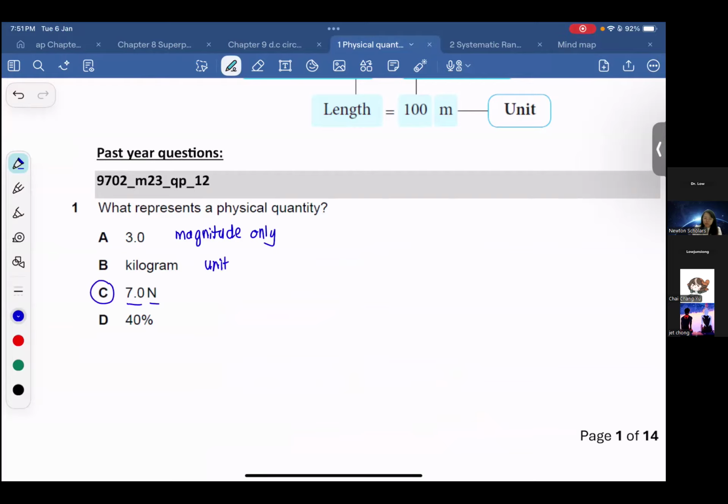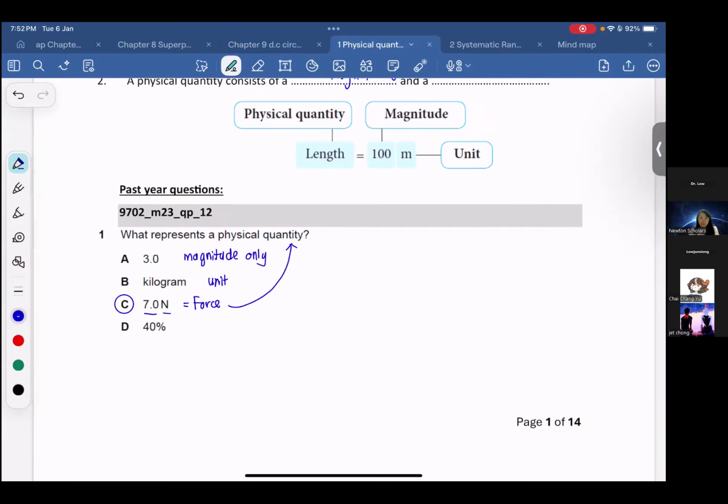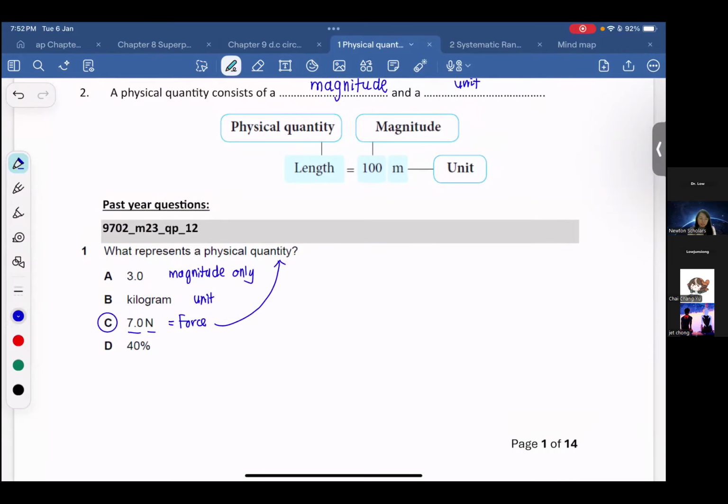So the answer should be C. C is a physical quantity. 7.0 Newton is actually a force. Newton is the unit for force, so force is a physical quantity. 40% cannot represent a physical quantity. So this one is just an introduction, and we know about this one, right?